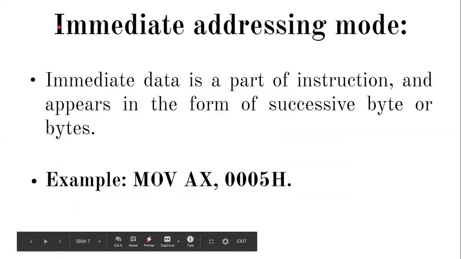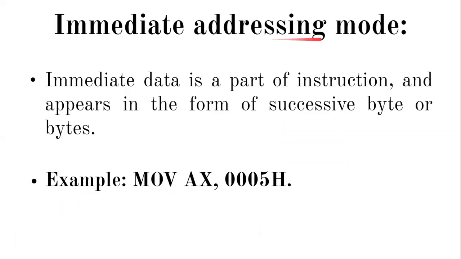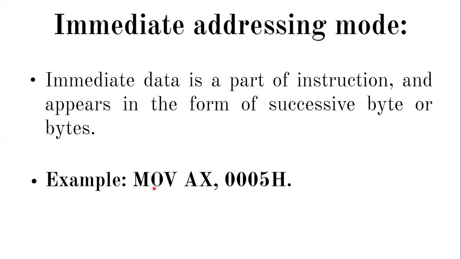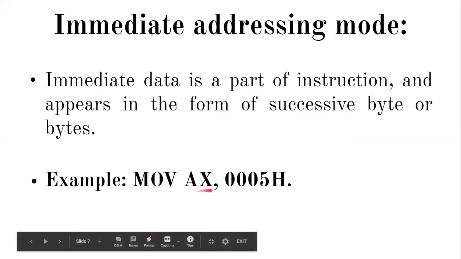Let us see the first type, immediate addressing mode. It is very simple. As the name indicates, the immediate data or the operand is a part of the instruction and appears as a successive byte or bytes just after the opcode. For example, MOV is the opcode, and the operands are specified here.